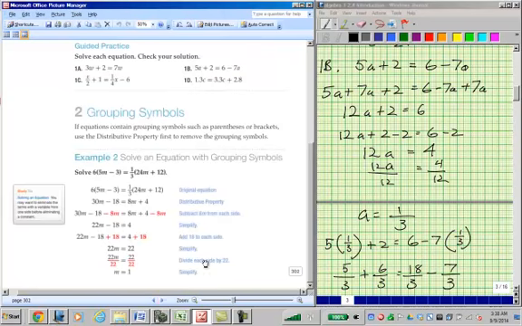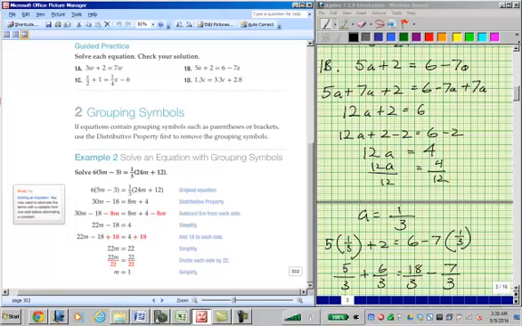I subtract 5a from both sides. I'm sorry, I add 7a to both sides, pardon me. Add 7a to both sides. Subtract 2 from both sides. Divide both sides by 12. I get a equals 1/3. And then I check.